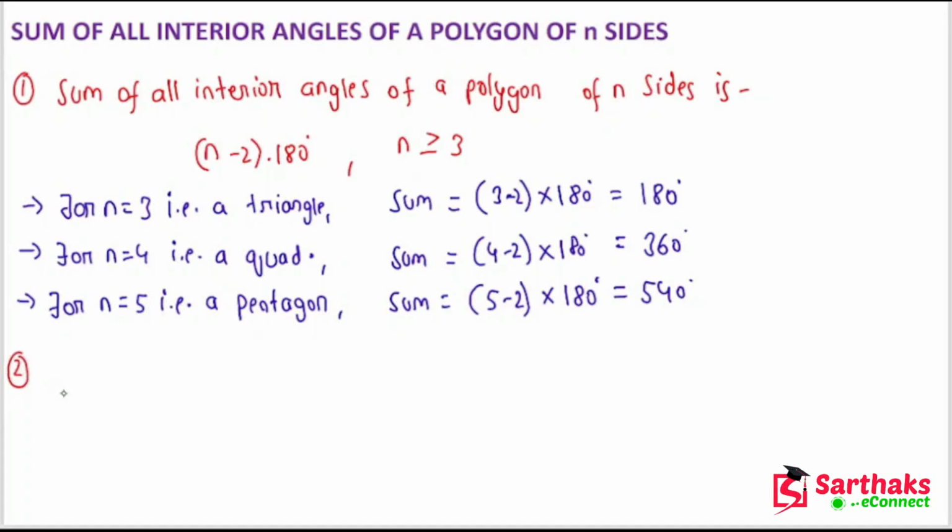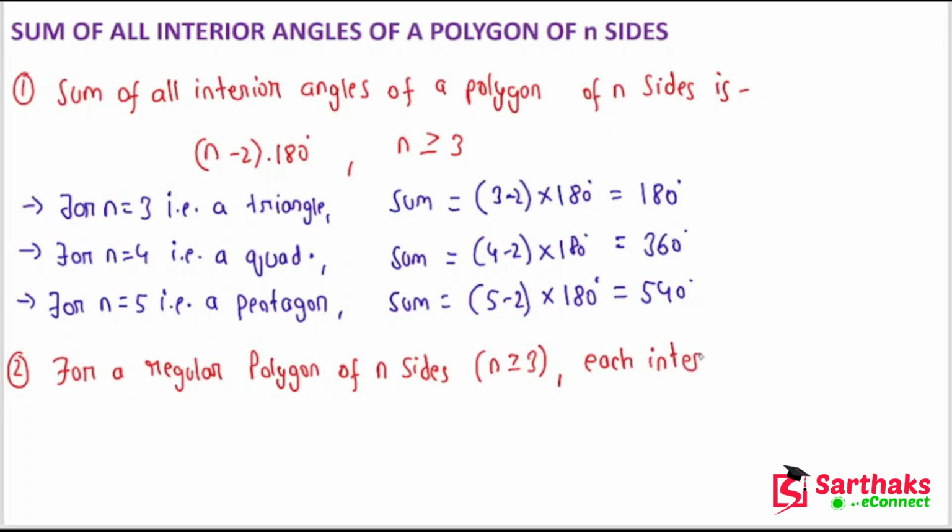So it says, for a regular polygon of n sides, where again n is greater than or equal to 3, each interior angle is equal to (n minus 2) into 180 degree, that is the sum, whole upon n.